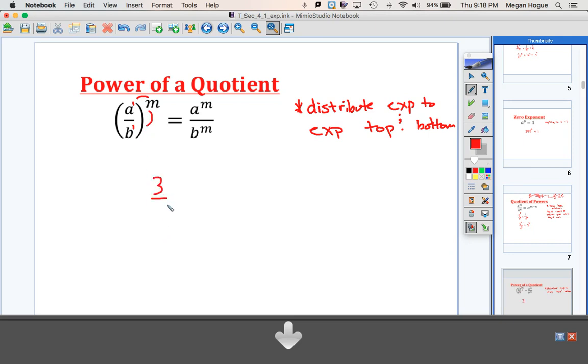So if I have something like 3 over 5 squared, that has an exponent, that has an exponent, becomes 3 squared over 5 squared. And we've actually kind of talked about that. Think back to completing the square. We square the top, we square the bottom. 9 over 25. Final answer on that one.